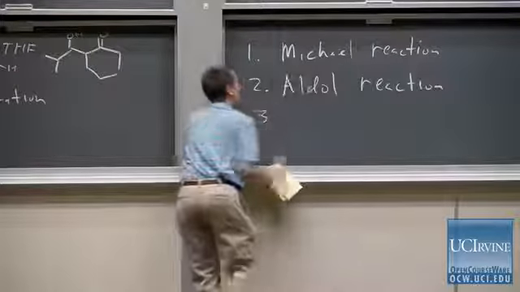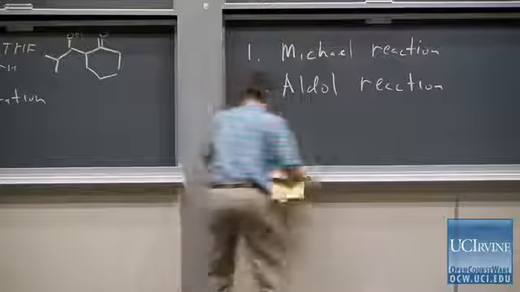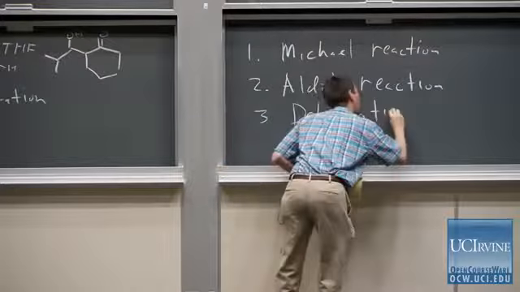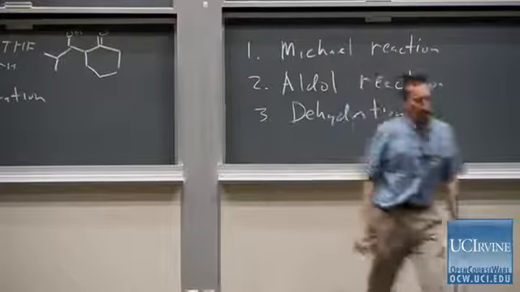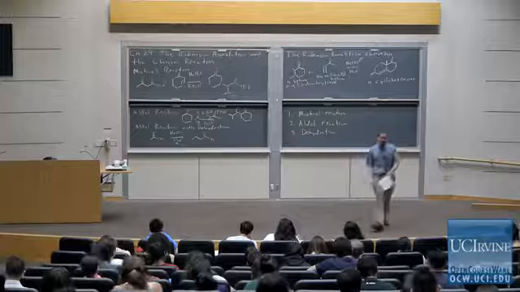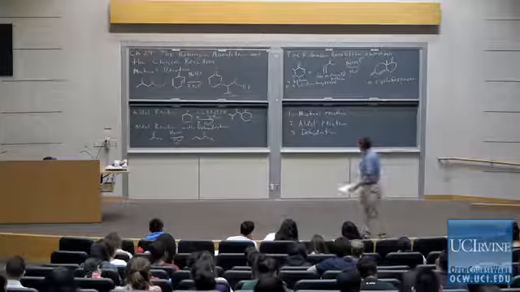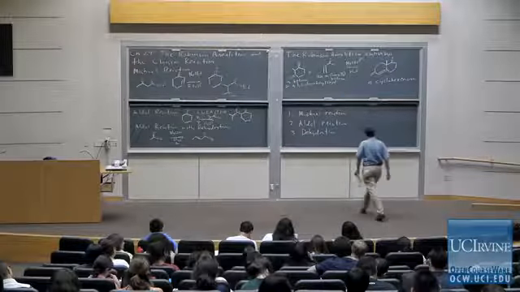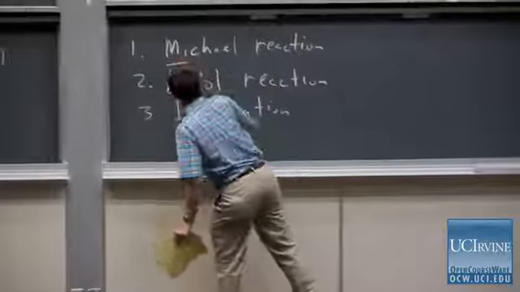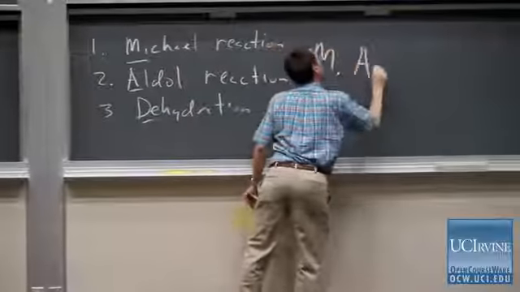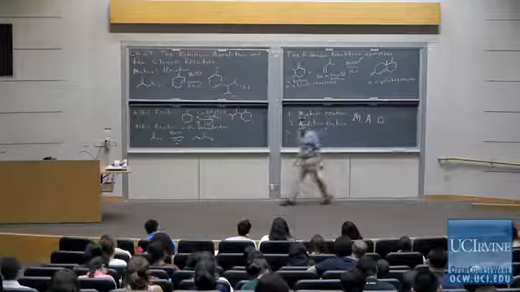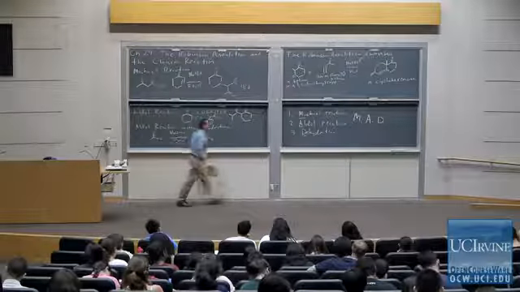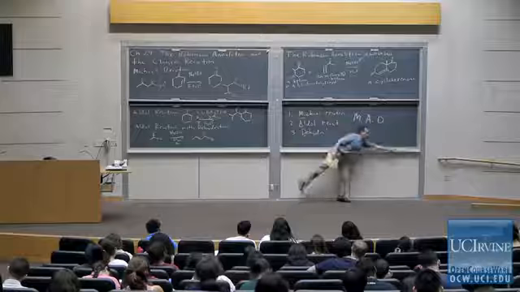And the third reaction is a dehydration. And if you want to remember something, just come up with a crazy way of remembering it. You look at this and you say, how in hell does that occur? That's crazy. That's mad. We're just going to go ahead and remind ourselves, MAD, the Robinson annulation is a mad reaction. All right. But I'm not mad, so I will show you how this occurred.